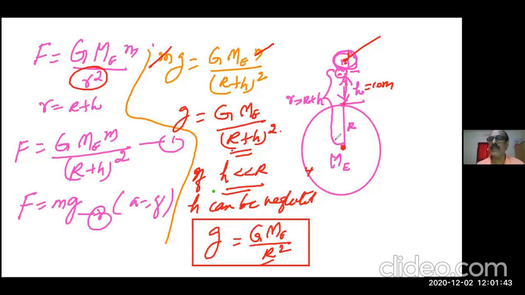R. Then from the surface to M, it is R plus H. So this R I am replacing by R plus H. Okay, sir. That R plus H is coming here, right? Clear, sir.